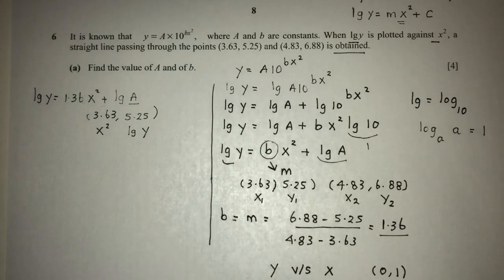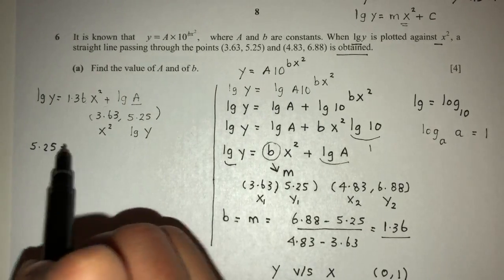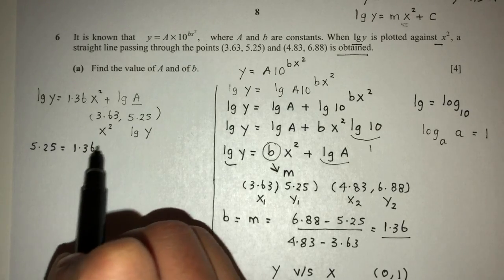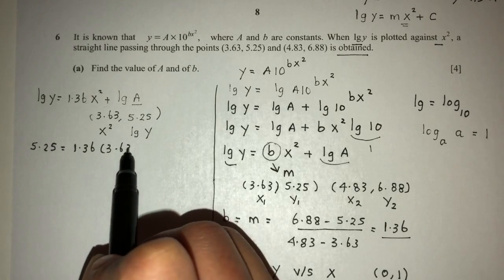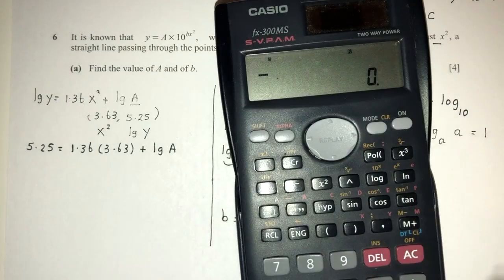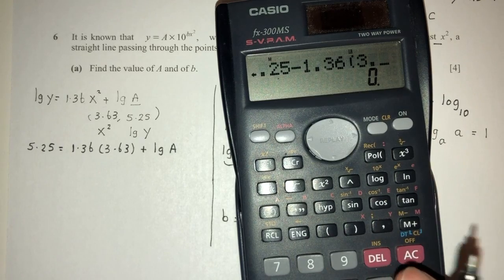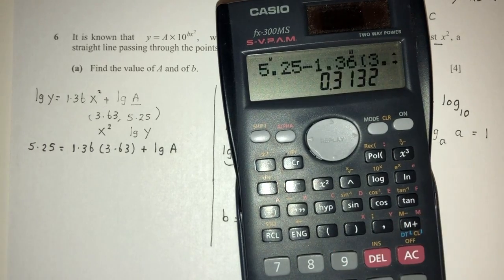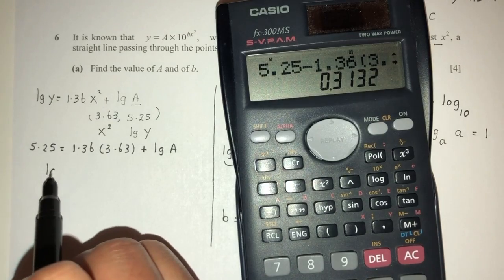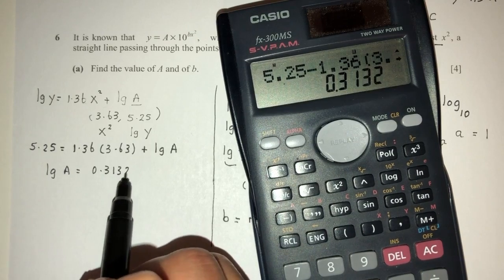Okay, going back, replace, you will have 5.25 equal to 1.36 multiplied by 3.63 plus log of a. So you have 5.25 minus 1.36 times 3.63. That is, log of a has to be 0.3132.